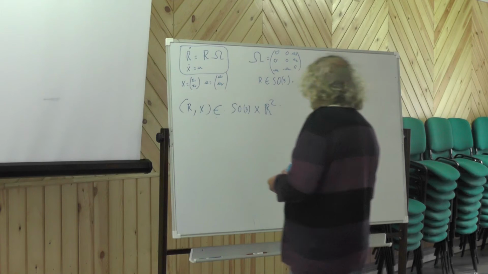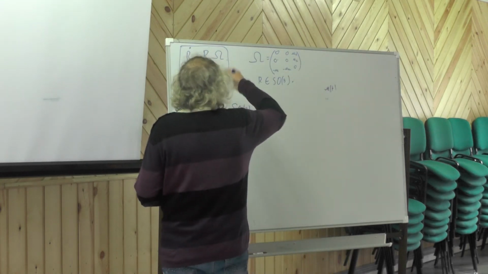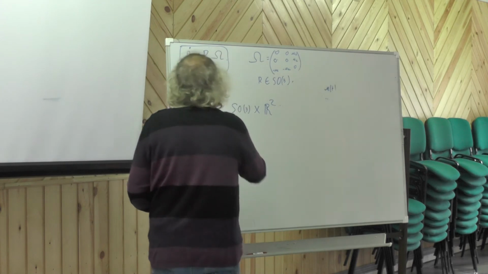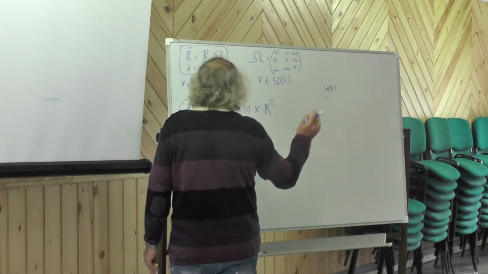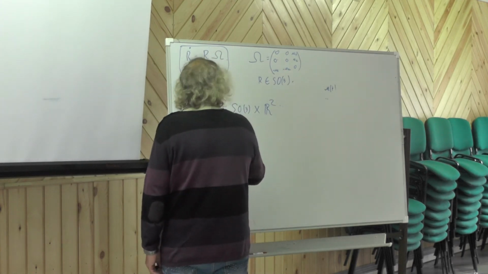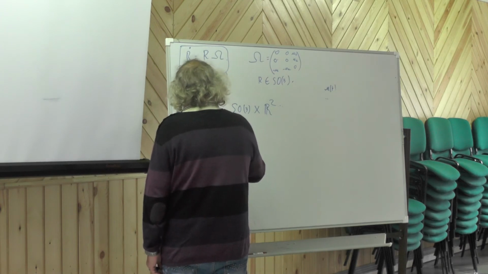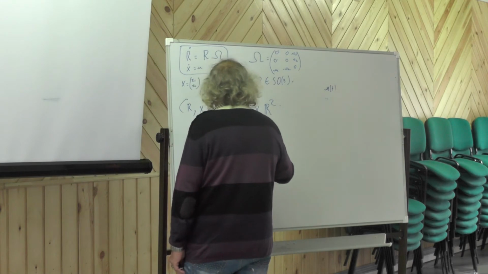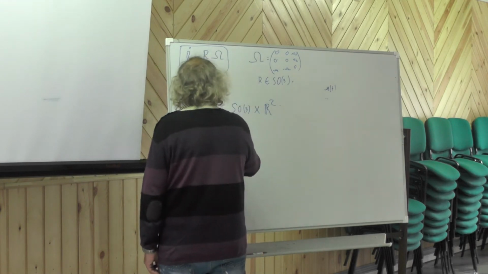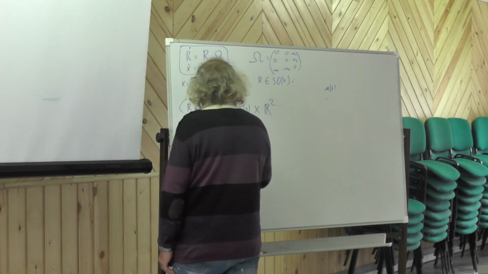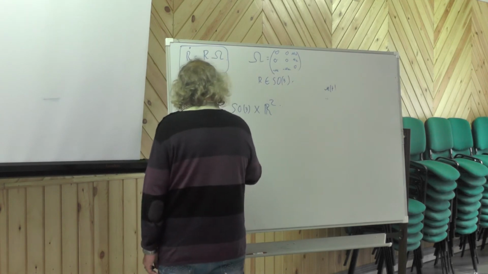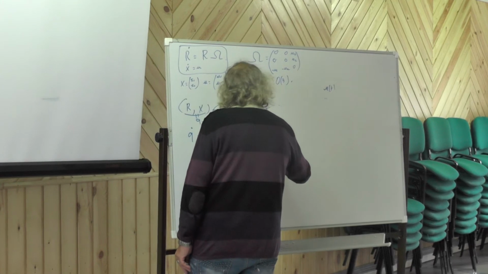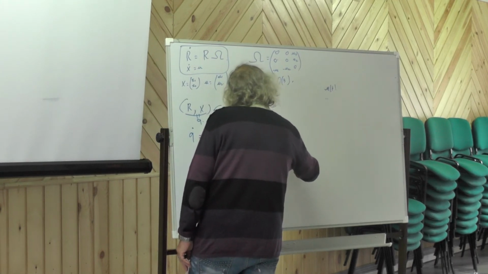And you can rewrite the equations in control form. R and x are the state q, so q dot equals X1 of q u1 plus X2 of q u2.